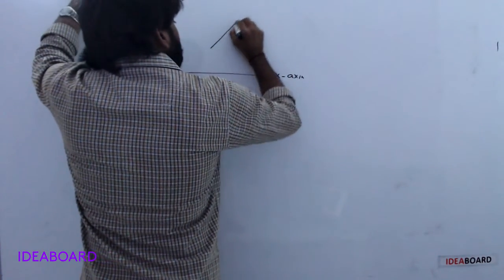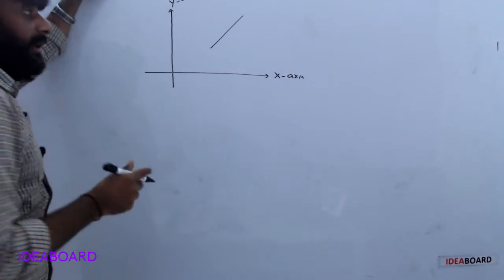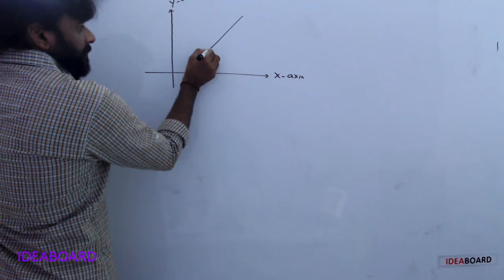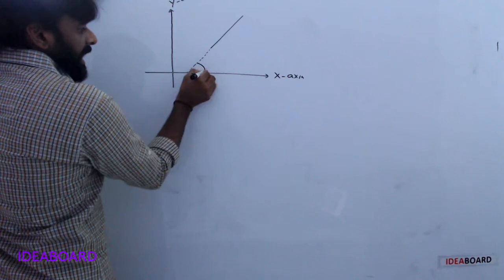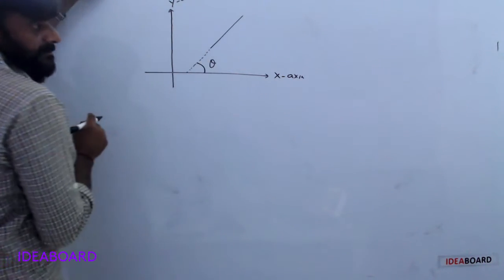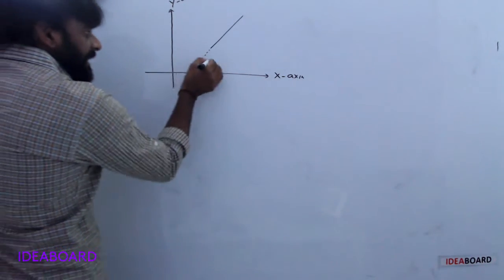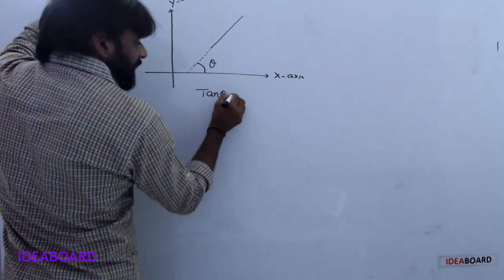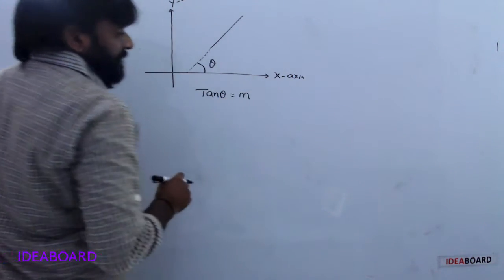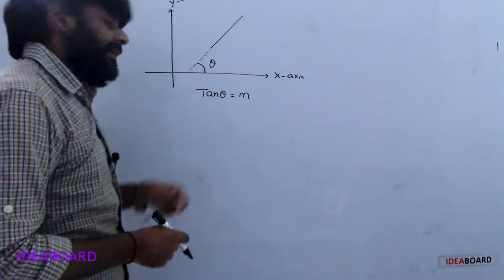Now it is a straight line. Extended, it makes an angle theta with the x-axis. The tangent of this angle gives the slope.